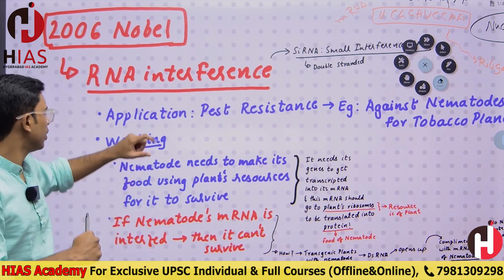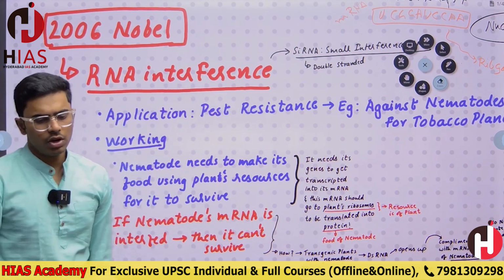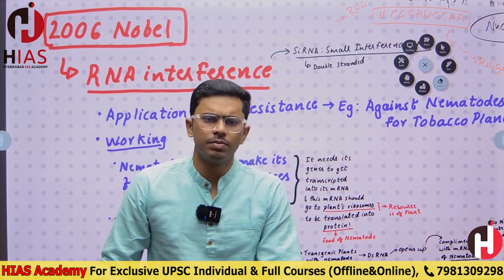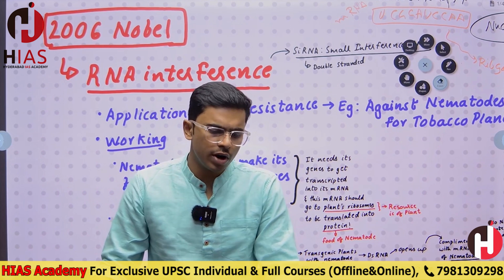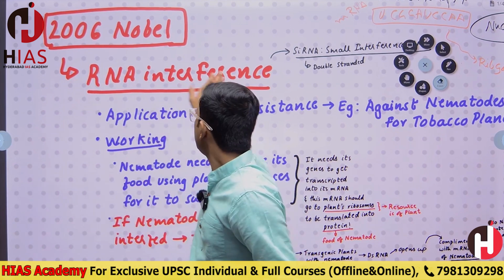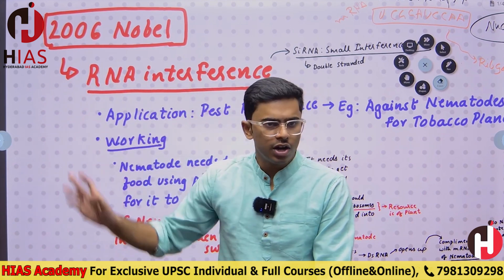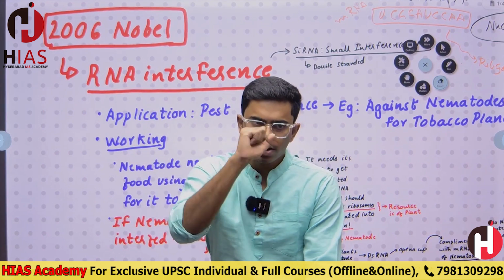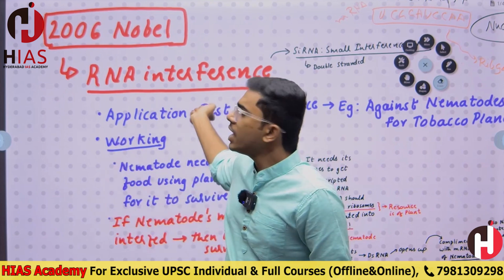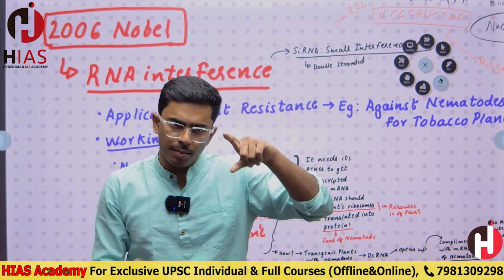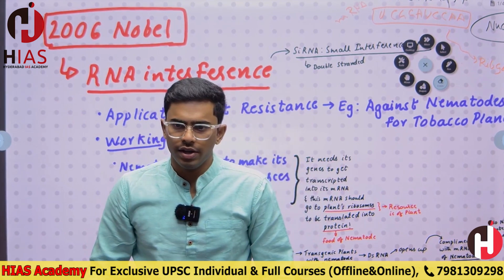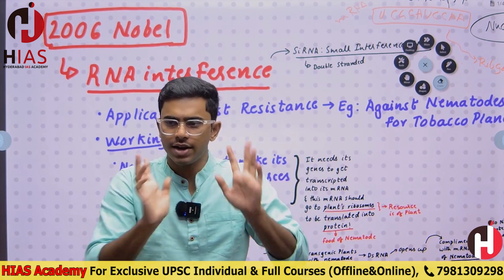Now the focus is on RNA interference. In S&T and economy, the names are pretty simple. You don't really have to worry about what it means. Simply you are interfering with RNA. If I have to put it in a nutshell, RNA interference technology is making this messenger RNA double stranded.